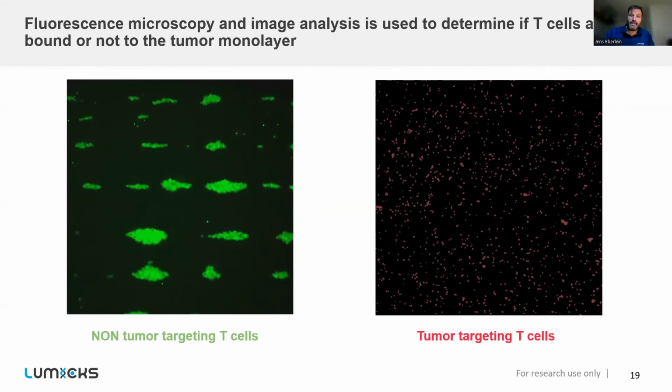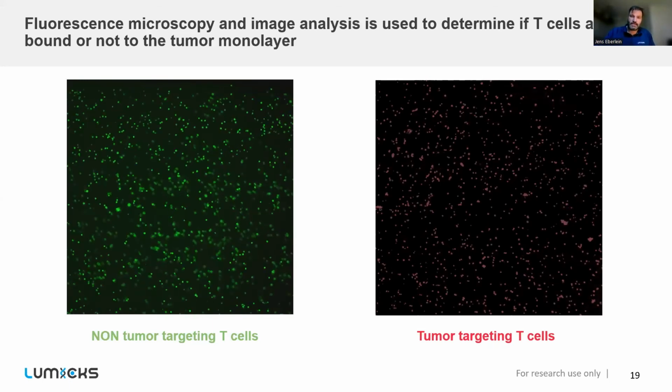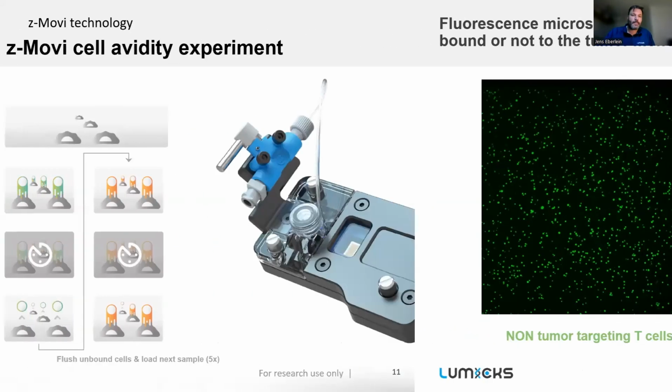For a high avidity sample, targeting cells, on the right-hand side, cells are being lifted off, but a lot of them are still stuck, remaining bound to their target at the end of the force ramp.